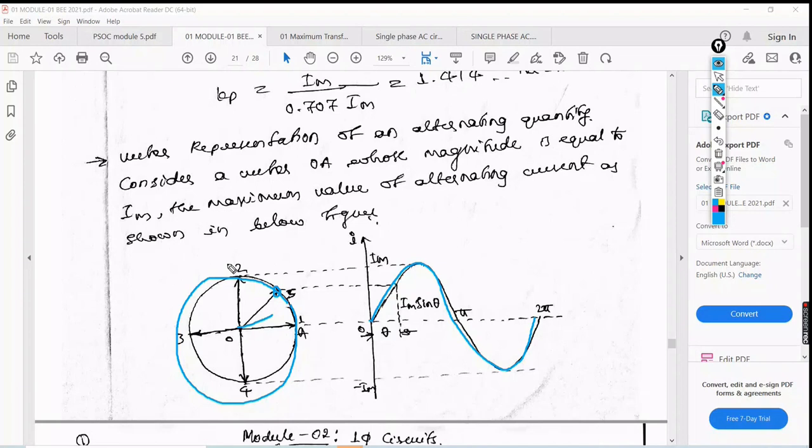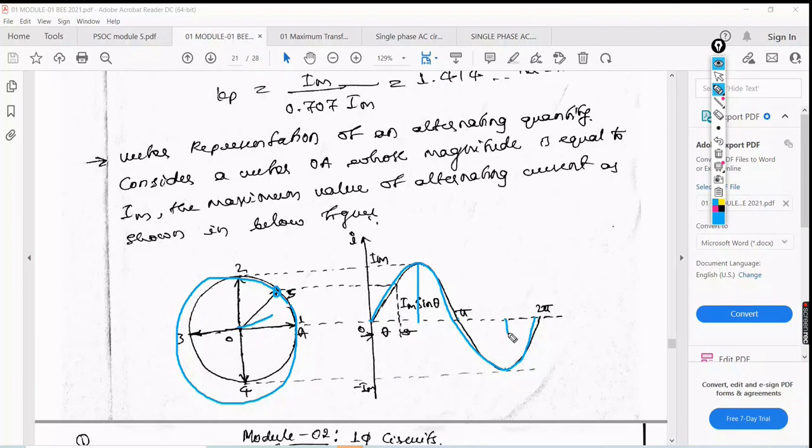Then at 90 degrees, I will get the maximum value. At 180 degrees, again flux linked with the conductor will be 0, and current will become 0. At 270 degrees, maximum value, but in the negative direction. At 360 degrees, again current will become 0.